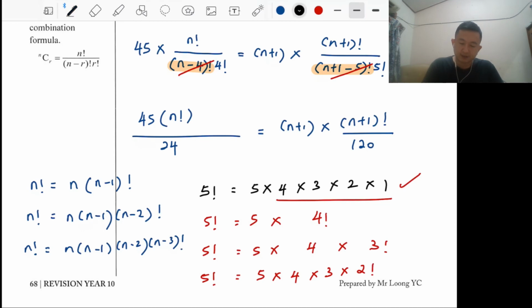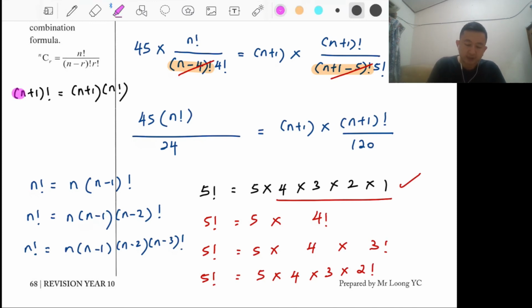If I start with n plus 1 factorial, of course I start with n plus 1. What is the next term? N plus 1, you minus 1, so n plus 1 minus 1 will become n factorial. If I want to stop, I put a factorial. If I don't want to stop, I go with n minus 1. So I can change n plus 1 factorial to be n plus 1 times n factorial.